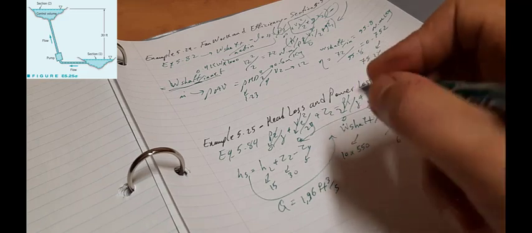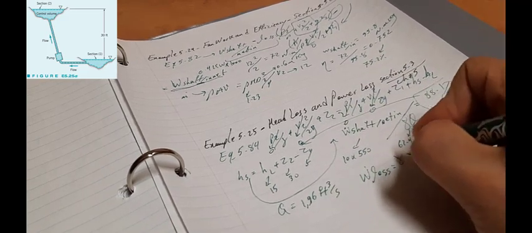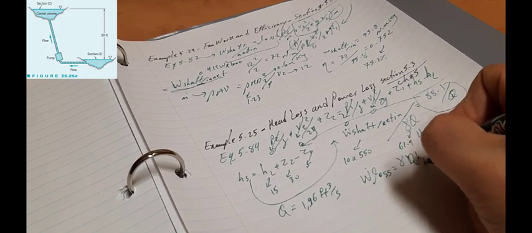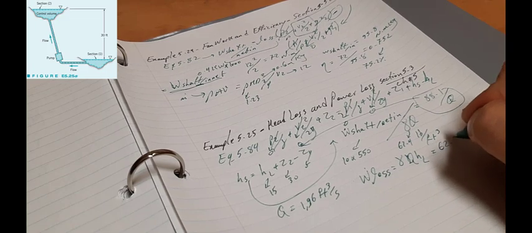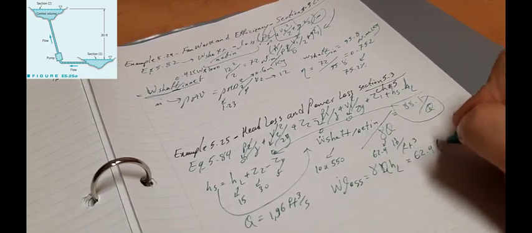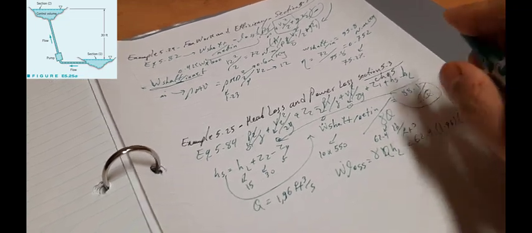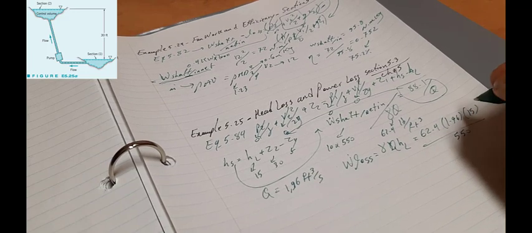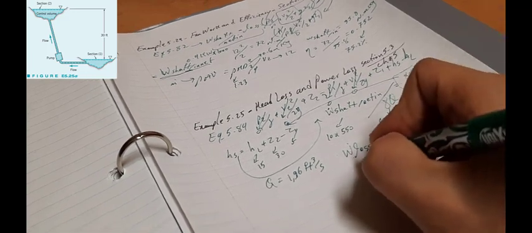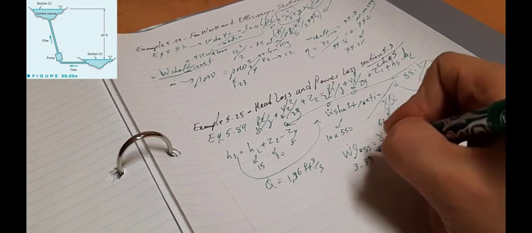And the power loss, the W dot of loss, is going to be equal to gamma Q HL, which is 62.4 multiplied by 1.96 multiplied by 15, divided by 550 to be converted to horsepower, and the result is 3.33 horsepower.